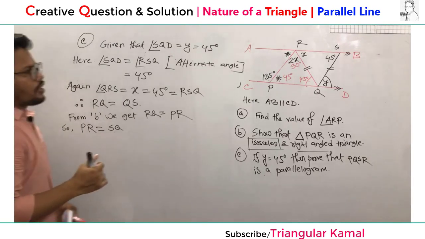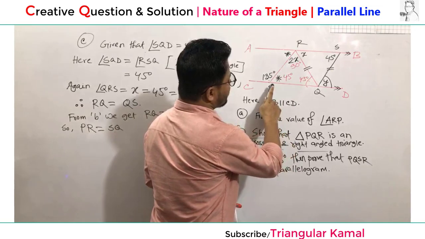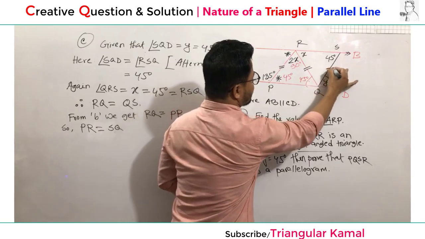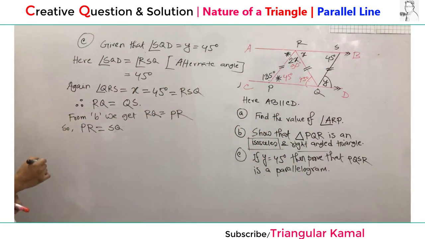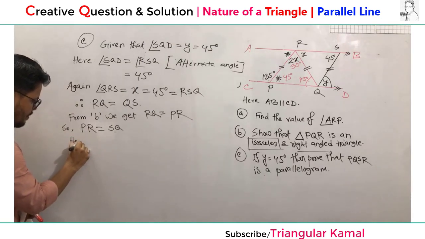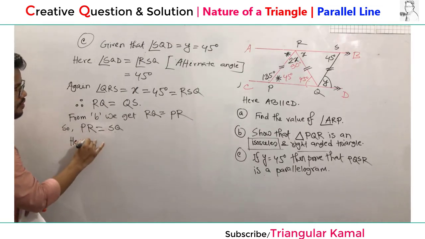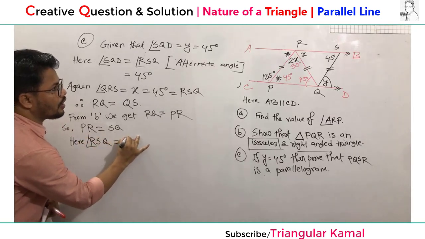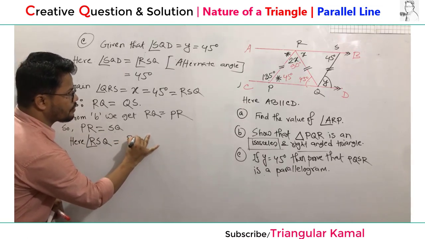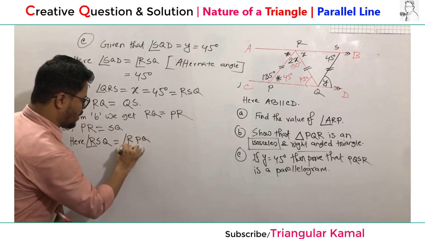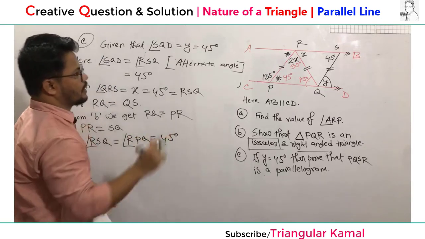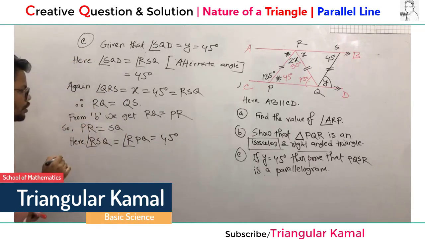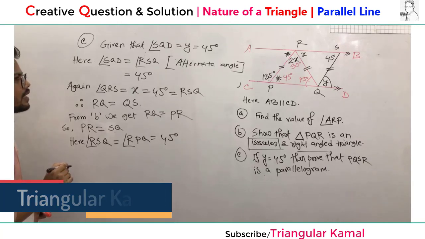Okay, my dear students, in the quadrilateral PQSR, two opposite sides are equal. Here angle RSQ equals angle RPQ equals 45 degree angle. So two opposite sides and two opposite angles are equal.